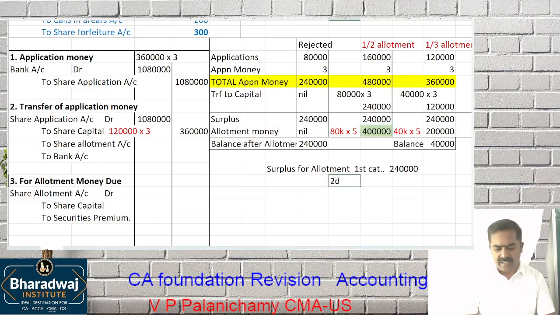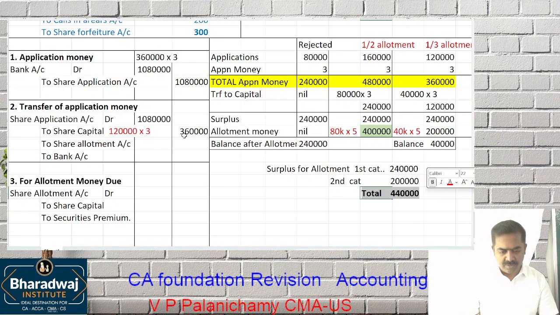From the second category, surplus may be 2,40,000, but how much allotment money is due from you? 2 lakhs. So I can take only 2 lakhs. So how much money is used? Only 4,40,000 can be used at the time of allotment. So allotment account 4,40,000. Listen.